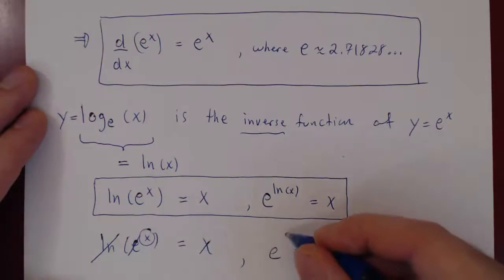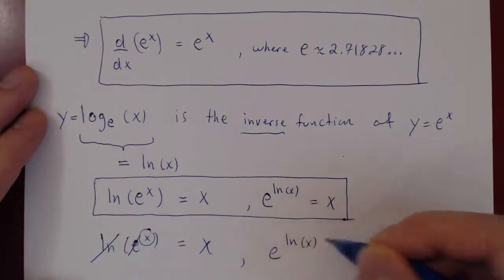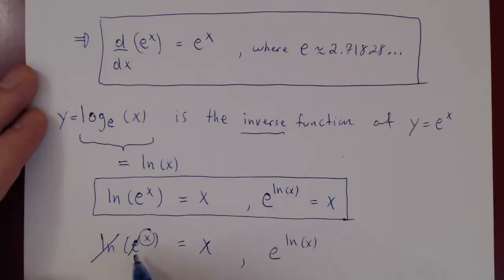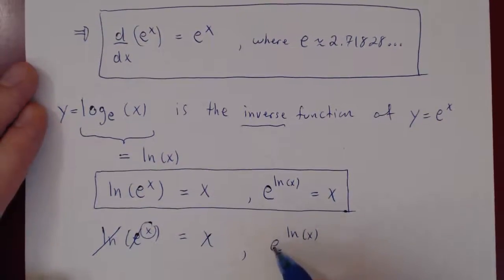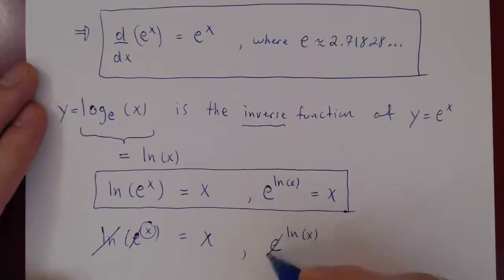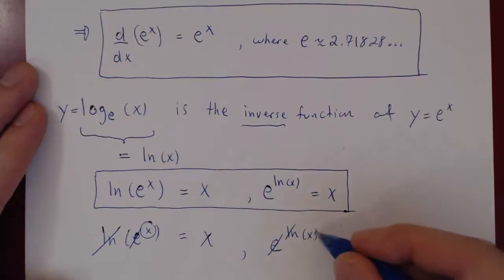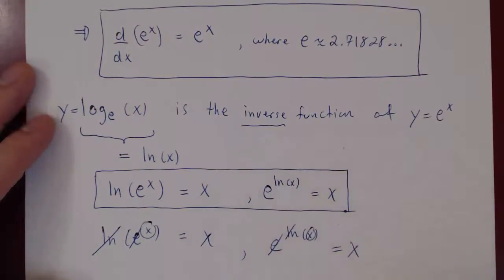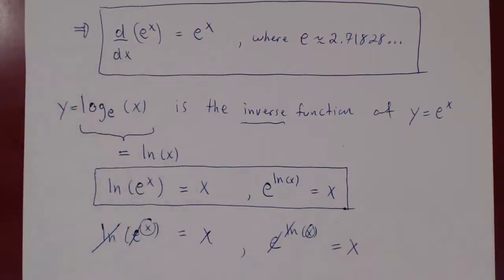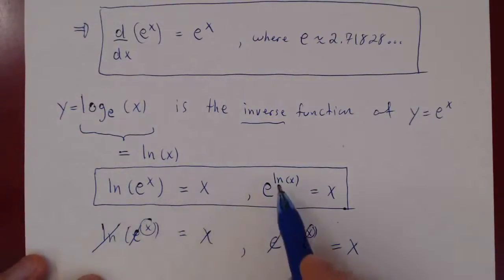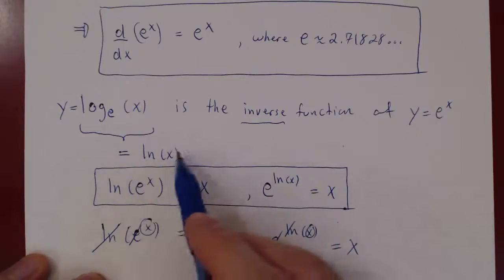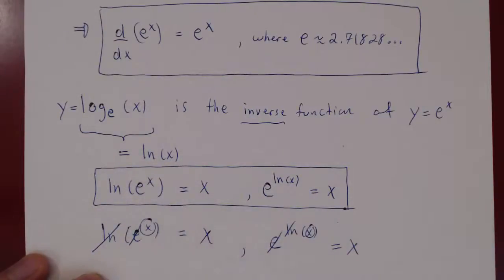If you do e to the ln of x, well, ln is the inverse of e, so e is the inverse of ln. So if you take e to the ln of x, e will cancel ln, and you get back once again the argument x. And now with this relationship, let's see how we can find the derivative of ln of x using implicit differentiation.